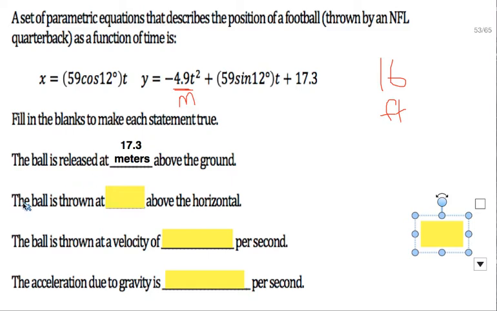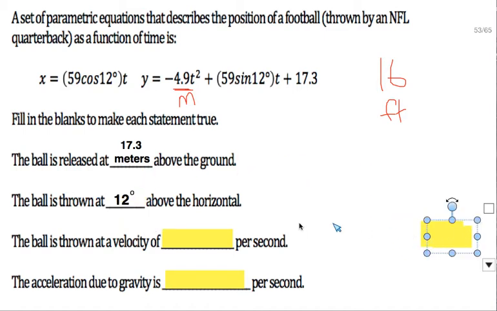And then the next statement, a ball is thrown at blank above the horizontal. Okay, so anytime you see the word horizontal, that has to do with your direction. And notice that our degree is 12 degrees. So the answer will just be 12 degrees above the horizontal. The ball is thrown at a velocity of blank per second.